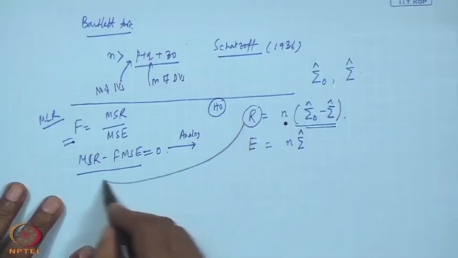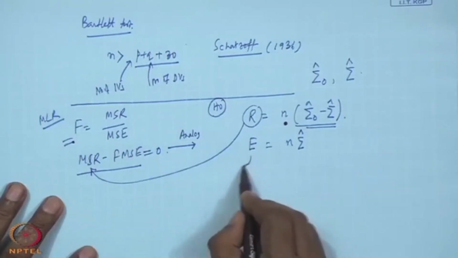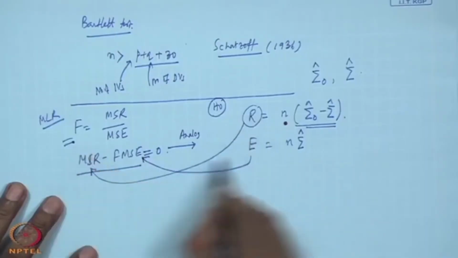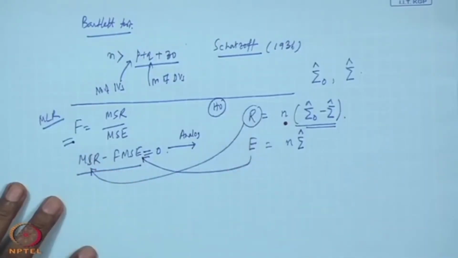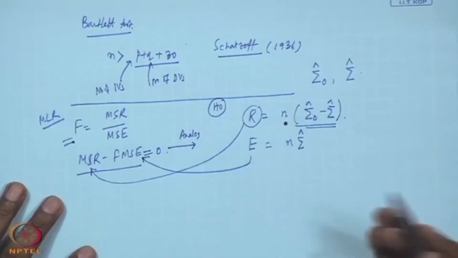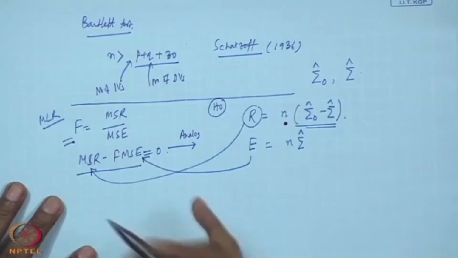Now if I create it like this, what is happening? This R can be similar to MSR, and E can be similar to MSE. But as they are in the matrix domain, to get their equivalents in the scalar domain, you have to take the determinant.